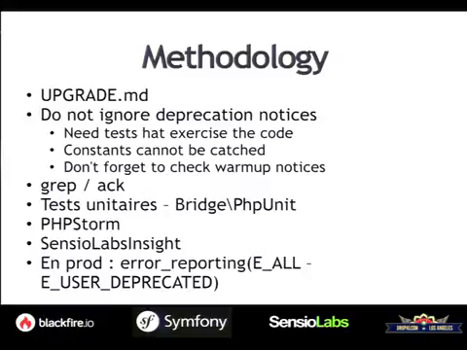Last but not least, as we are triggering deprecation notices, you should exclude them on your production servers, because at first you might have thousands of such notices. If you enable them in production, you're going to have a lot of notices in the logs.